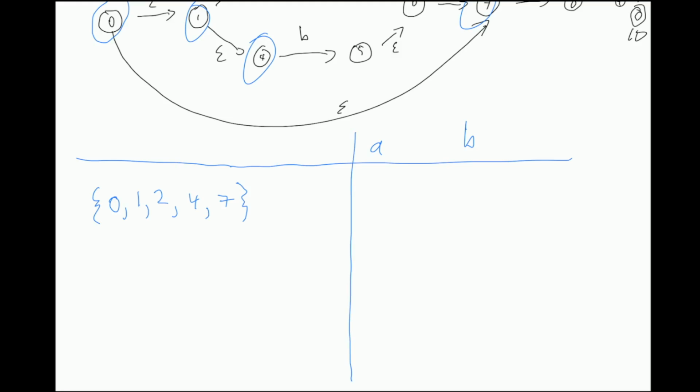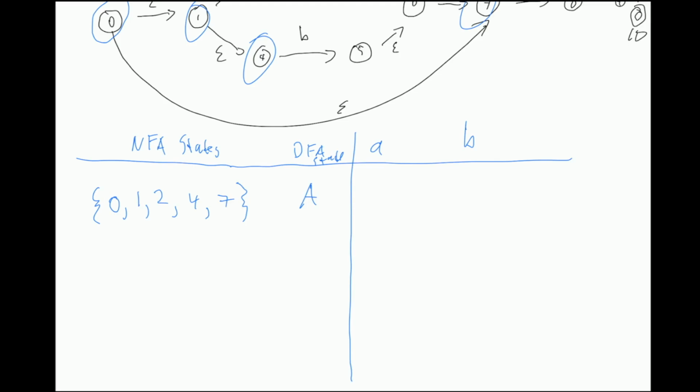So let's give this a new name in our DFA. This is our NFA states, and this is our DFA state. So we'll just call it A. All I was doing was making a new column for the DFA, the state name in our DFA.